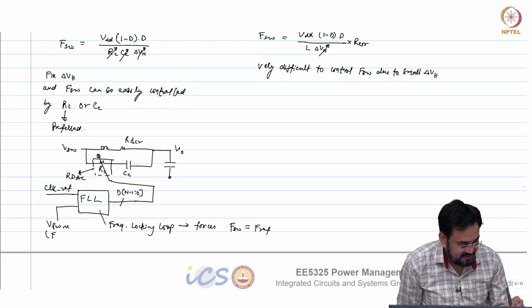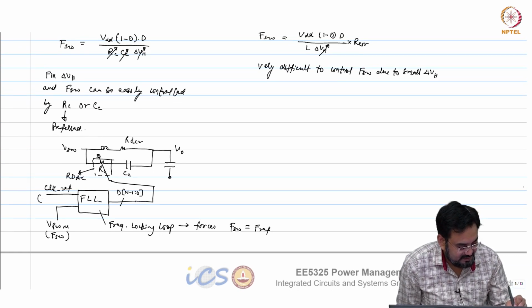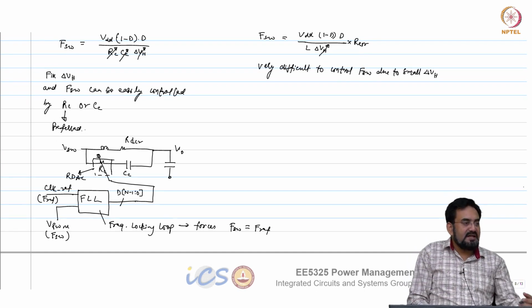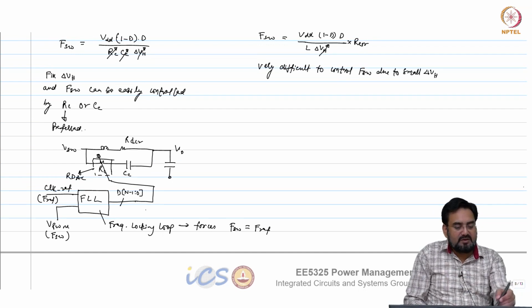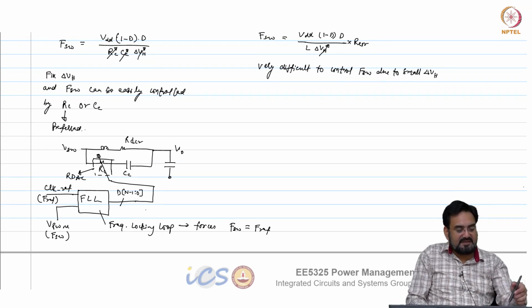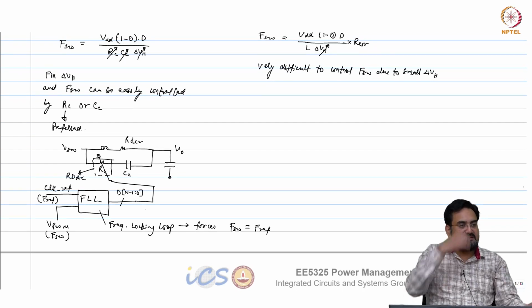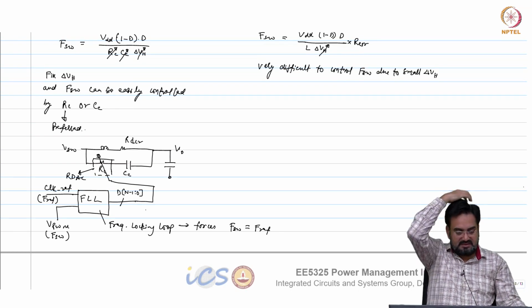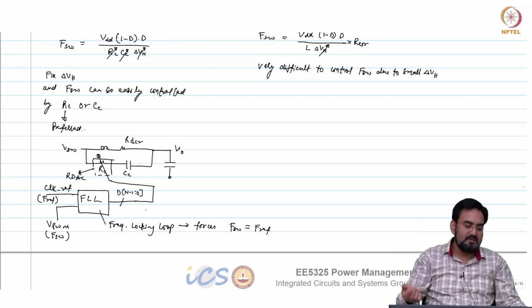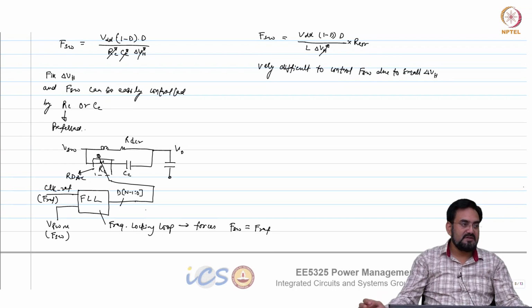If this is FSW and this is FREF, and I want 1 megahertz, I will make FREF 1 megahertz, and this will generate a code which will fix the RC in such a way that VPWM, or FSW, is 1 megahertz. That is what it does. So, you need another loop for this.